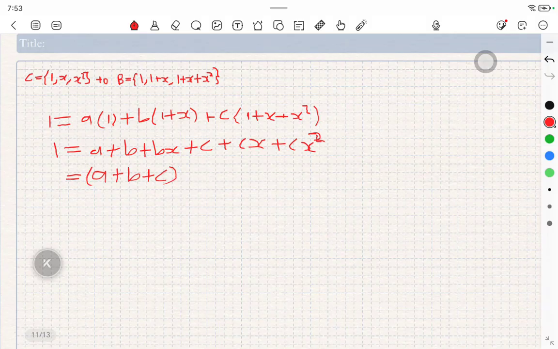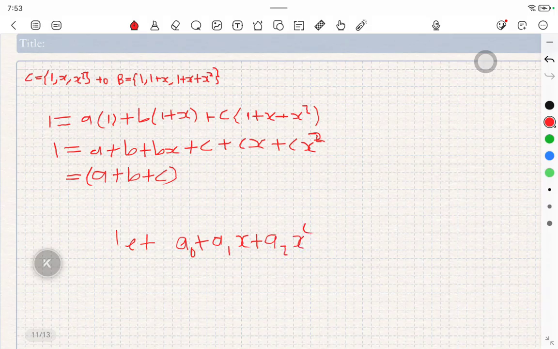plus 0x squared? No, when we write a linear combination, guys, we only say those things if, let's say, you let a vector be an element of P2. We are going to say A0 plus A1x plus A2x squared.